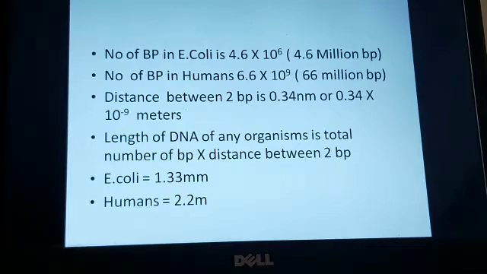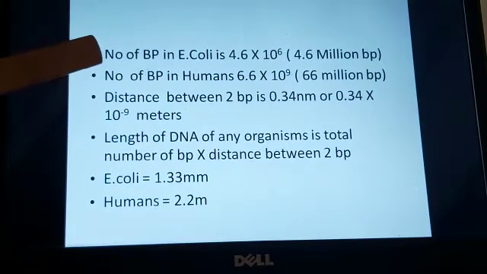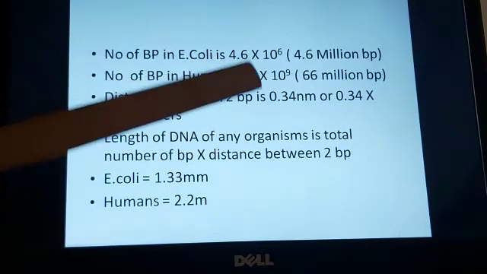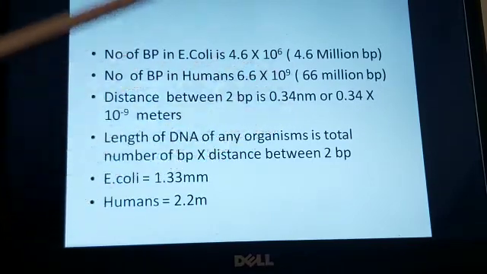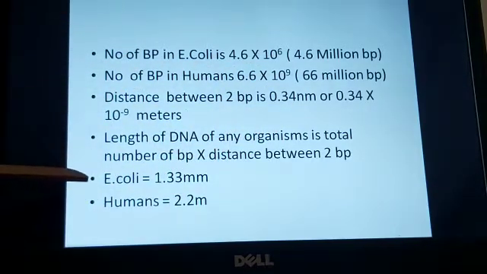And the distance between two base pairs in the DNA is 3.4 nanometers, or 3.4 × 10^-9 meters. Children, if you remember this, we studied in the standard 11 also, when we studied about the structure of the DNA. The length of DNA of any organism is the total number of base pairs multiplied by the distance. For example, in E. coli, this particular number of base pairs multiplied by the distance will give you the length of the DNA.